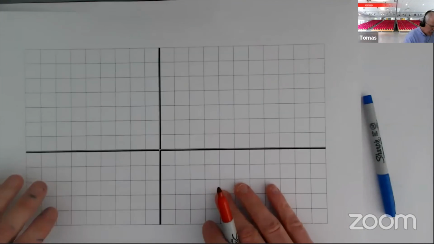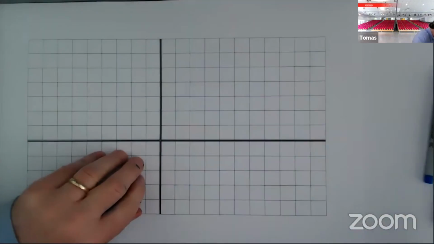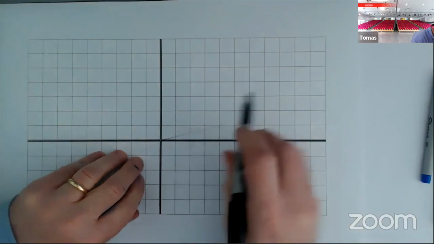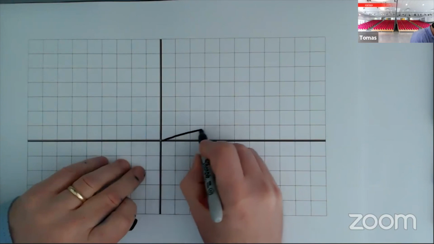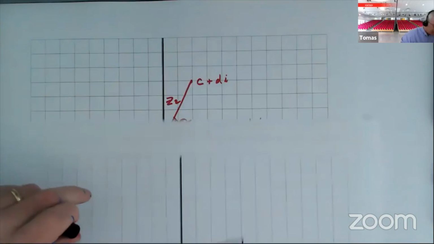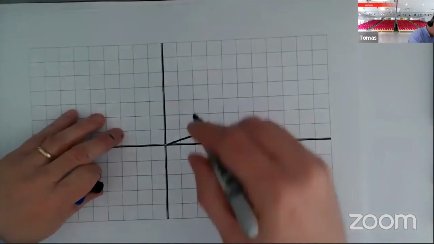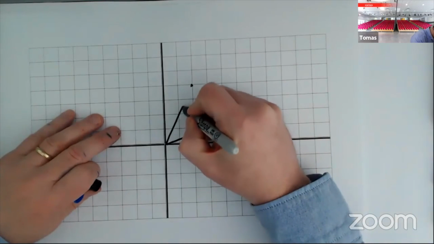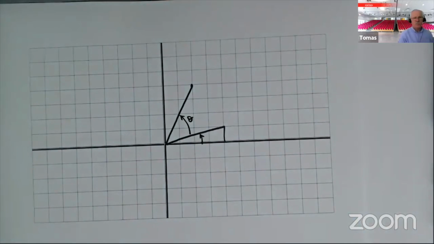Well, let's imagine that we have something here like this. So that's the first one, and we're looking for the angle between them. How do I find that angle there?